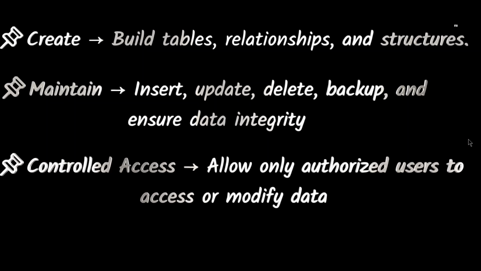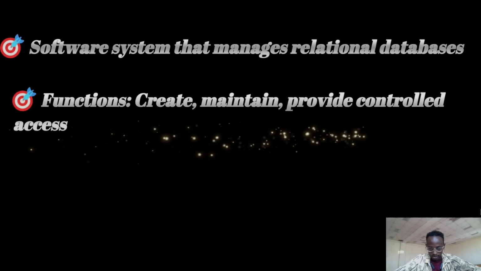When we say controlled access, the system allows only authorized users to access or modify data, like the admin, and also role-based rules. So that is how a relational database management system functions for creating, for maintaining, or what we call inserting, deleting, updating, and also for providing controlled access.